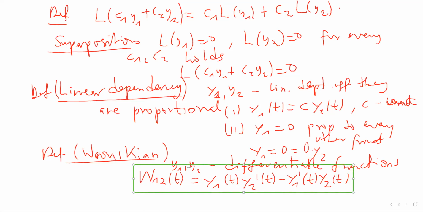And we said this was the Wronskian. You can see immediately that it is nothing else but the determinant of the matrix with y1, y2 in the first row and y1 prime, y2 prime in the second. So that is what the Wronskian is about.